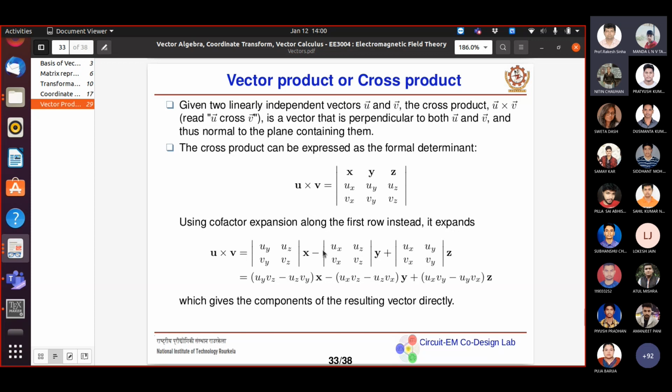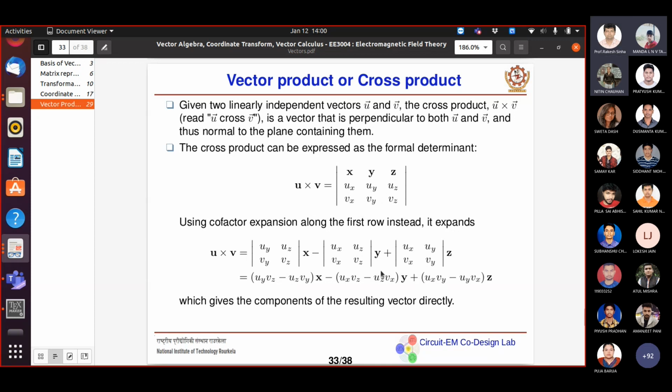Okay, so you know that using cofactor expansion, you can easily find the determinant of this matrix. That is basically x into uy into vz minus uz into vy.